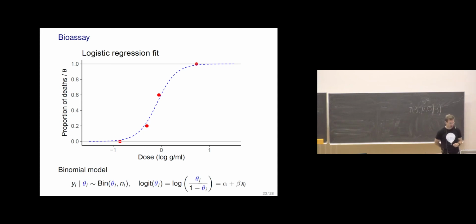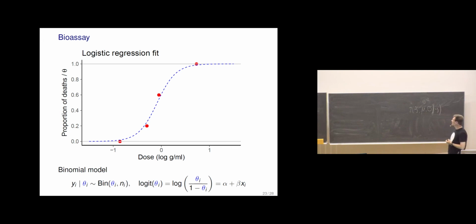One way to make this connection is to use this logit transformation. We can still use a linear model, but transform it so that the transformed value is between 0 and 1. So we have here alpha plus beta times x_i.